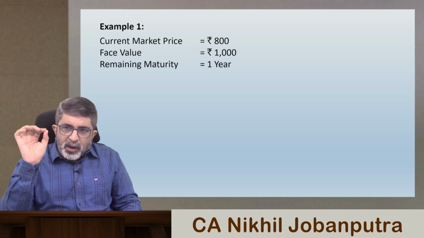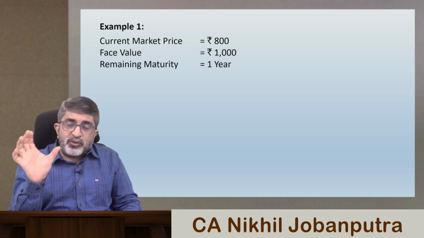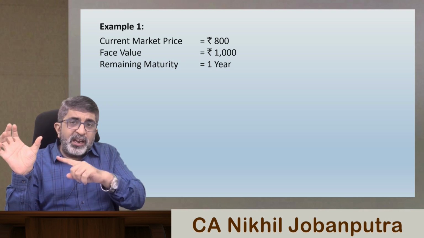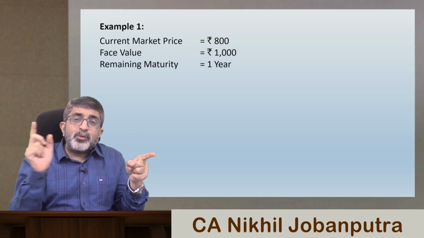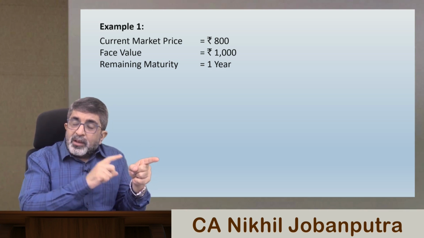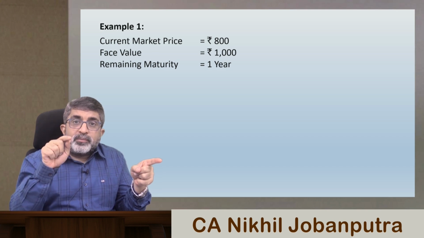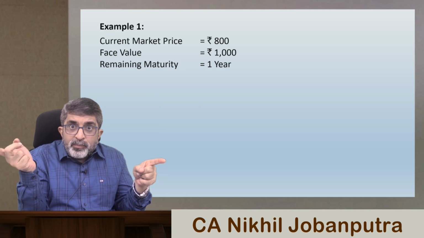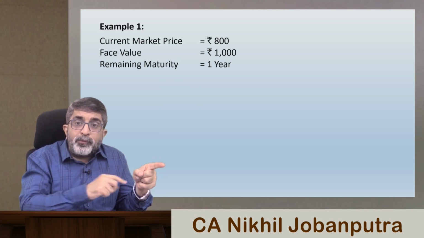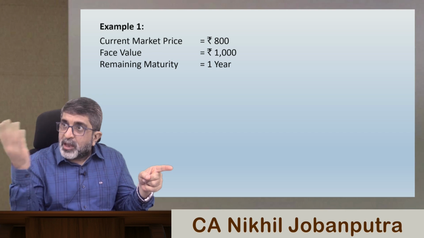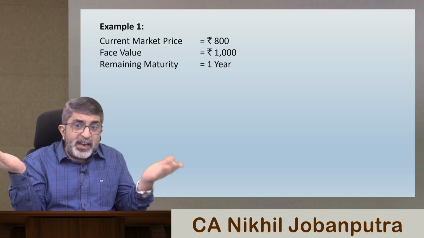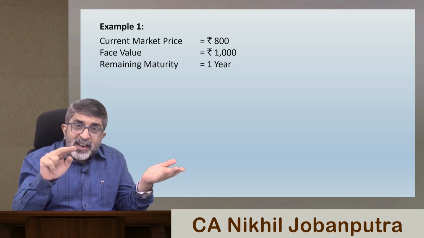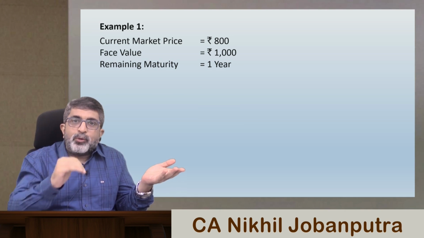So understand one thing, the face value of the instrument is rupees 1000. It is currently traded at rupees 800. So if we talk about discount, you always have to look at the par value. Compared to par value, it is traded at a discount of rupees 200, correct? 1000 is the par value or face value, 800 is the price. It is traded at 200 rupees discount.